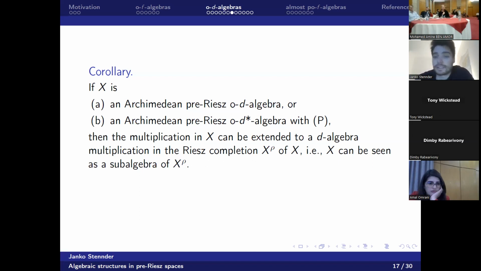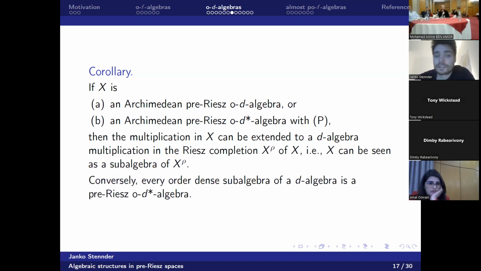So we can see our pre-Riesz space as a subalgebra of our Riesz completion already. And conversely, every order dense subalgebra of a D algebra is already a pre-Riesz OD star algebra, because the restriction again is only a Riesz-star homomorphism. So we only get that the subalgebras are a pre-Riesz OD star algebra.